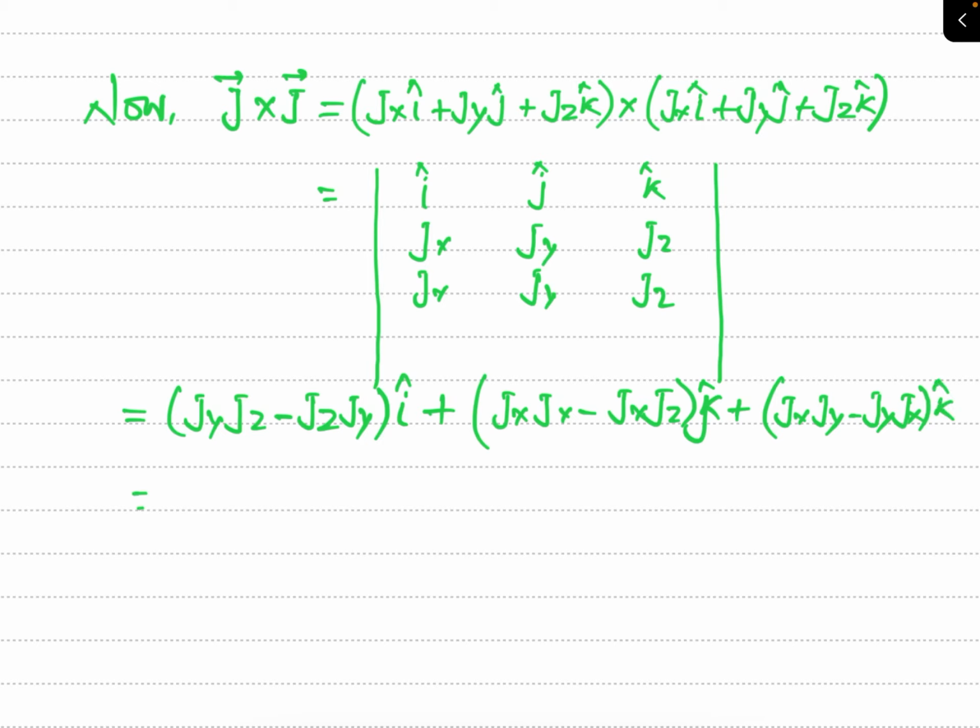But you know what this is? In fact, jy jz minus jz jy, all these are operators. So this is simply the commutator of jy with jz, and the unit vector is i.